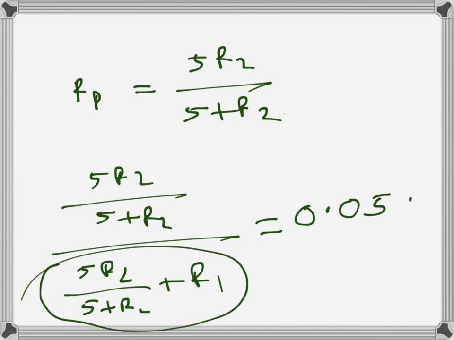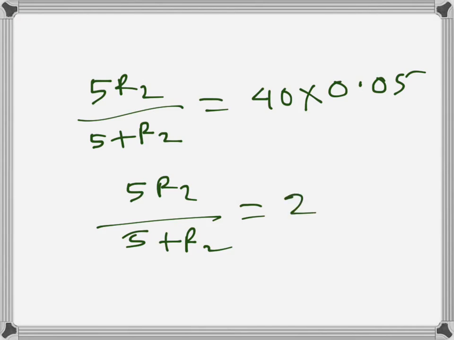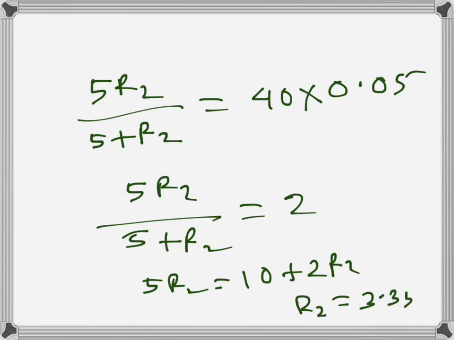We are multiplying this with 0.05. So we have 5 R2 over 5 plus R2 equals 2. From that we get 5 R2 equals 10 plus 2 R2, so R2 will be 3.33 kilo ohms. So that is the value of R2.